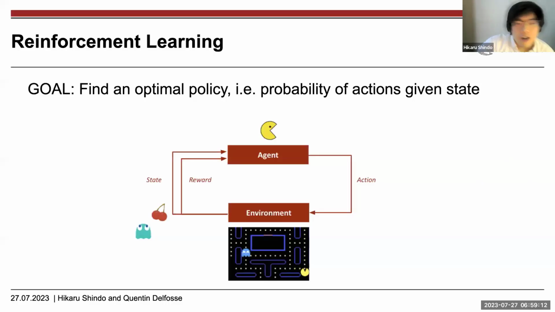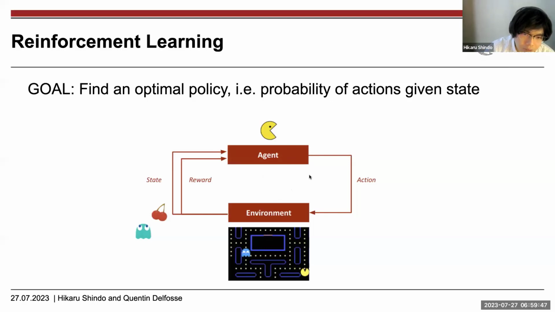We are tackling reinforcement learning, where the goal is to find an optimal policy for the agent. In reinforcement learning, we have the basic components of agent and environment, and the agent observes the state and decides an action by interacting with the environment. This is an example of Pac-Man, and Pac-Man decides an action, go up, left and so on.